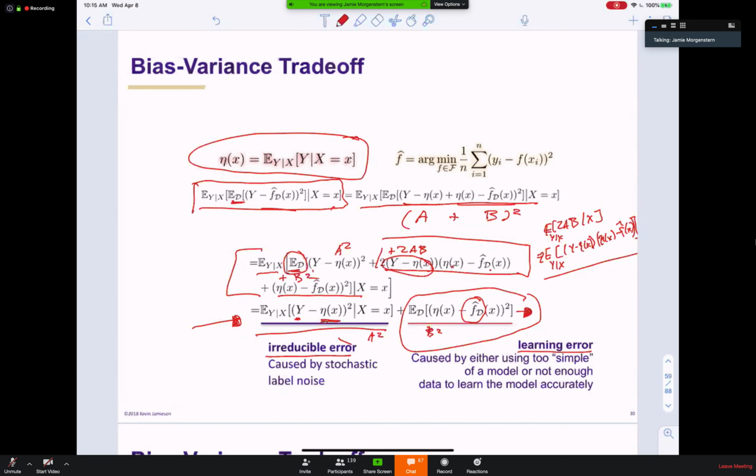Instead, there's some distribution. And then there's learning error, the error caused by using too simple of a model. Maybe you were using a linear function when the relationship is much more like a quadratic, or maybe we don't have enough data to pick a good quadratic model, even if the representation is quadratic, because we have many fewer points than the dimensionality of the model we're choosing amongst.